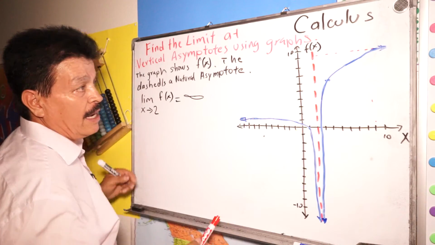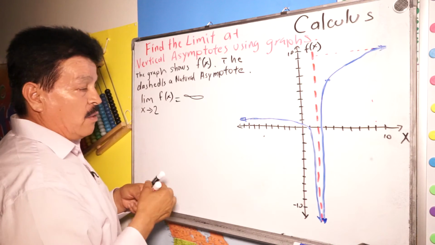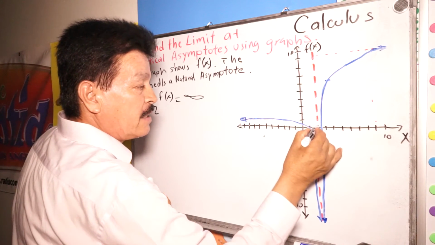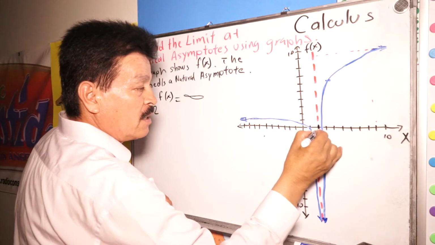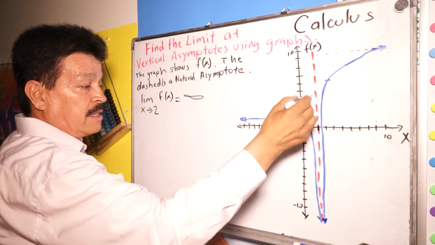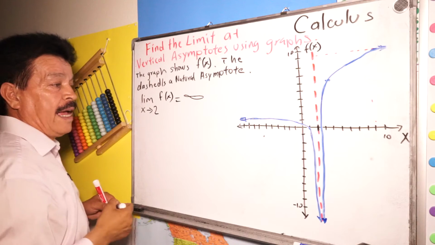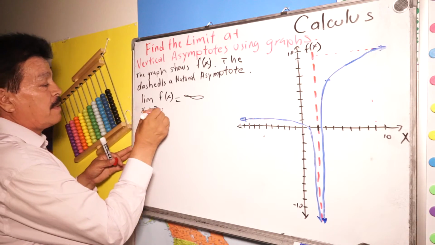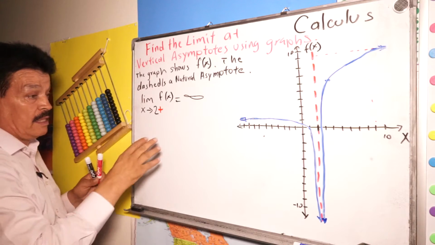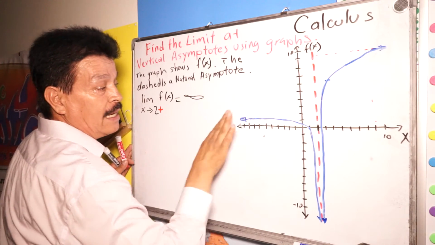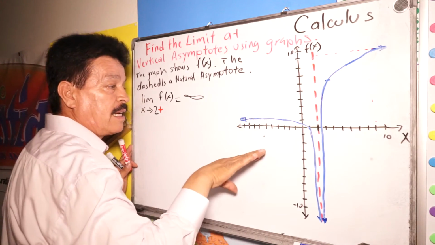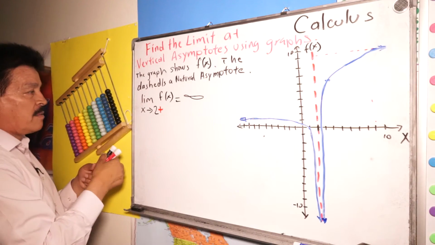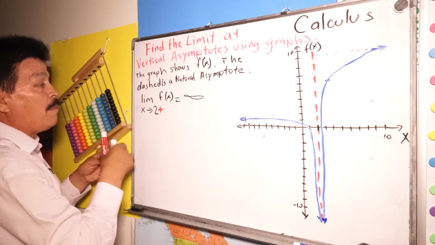Where is the vertical line? Right here. Look at this: we have 1, 2. It crosses the point number 2. This is the asymptote line. Right-hand is not left side. Left-hand is this side, and right-hand is that side. So this is one possible answer.